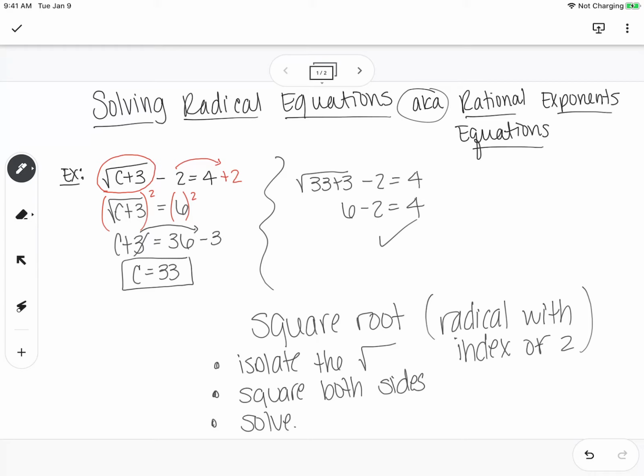Always check your answer, okay? So if you are trying to solve a square root equation, you're going to isolate first, square both sides, and then solve for your variable.